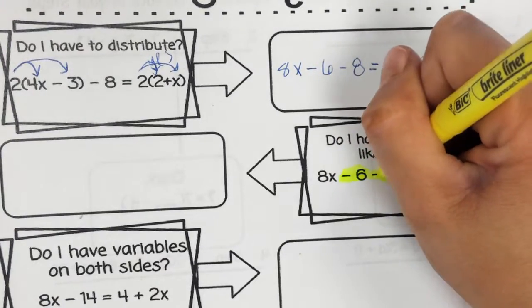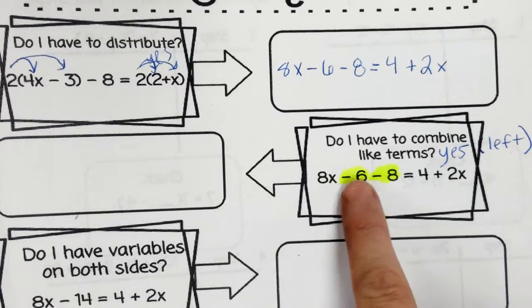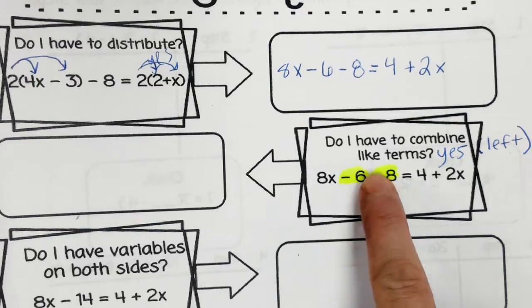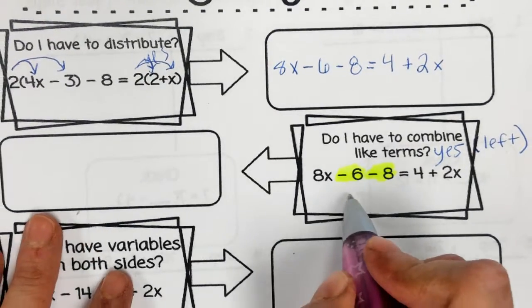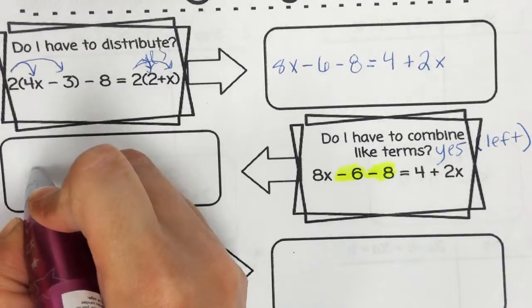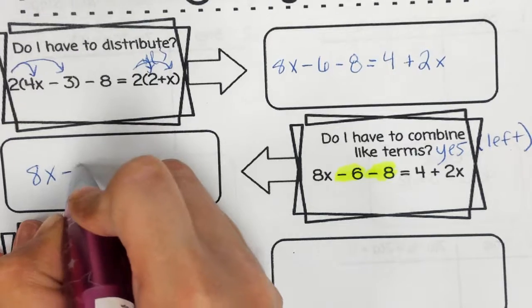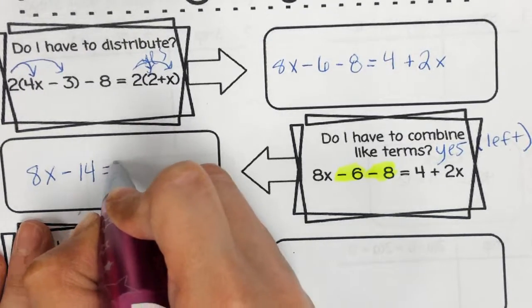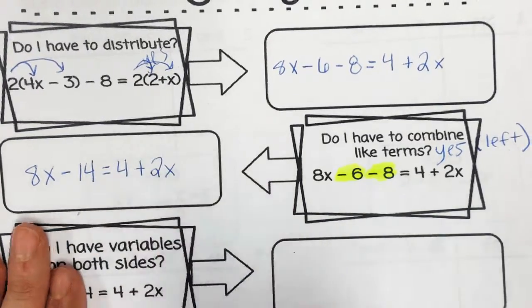Negative 6 minus 8. A lot of people miss this sign in front of the 6. Negative 6 minus 8, what is that? Good. So now I'm going to have 8x minus 14 is equal to 4 plus 2x.